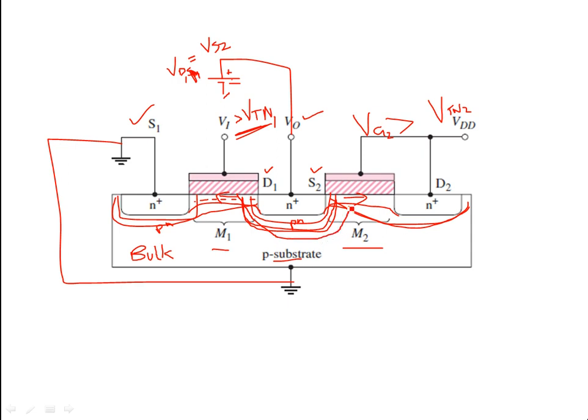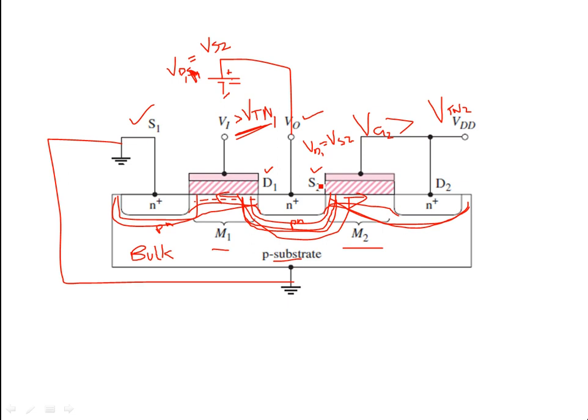So physically, you are changing the length of the channel. The length of the channel physically changes with regard to VD1, which is equal to VS2. The point is that the source S2 is no longer at the ground potential. Although S1 is at the ground potential, S2 is not.